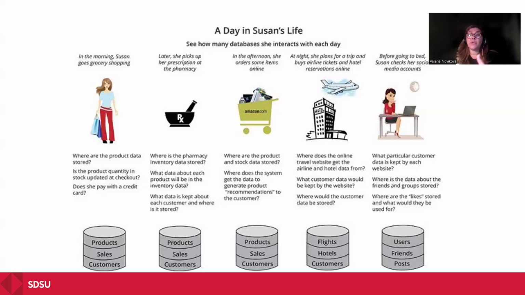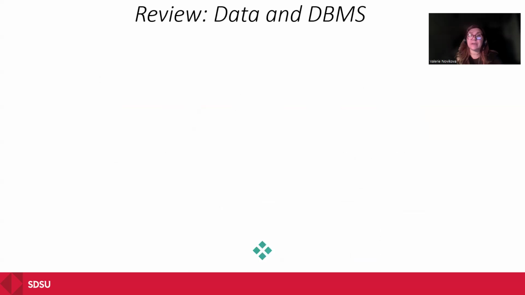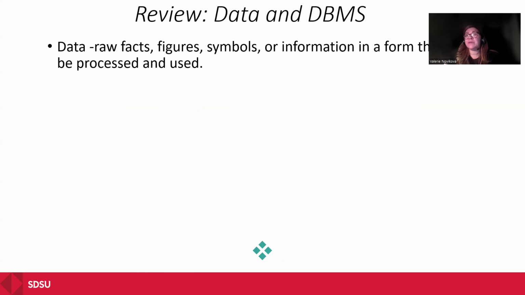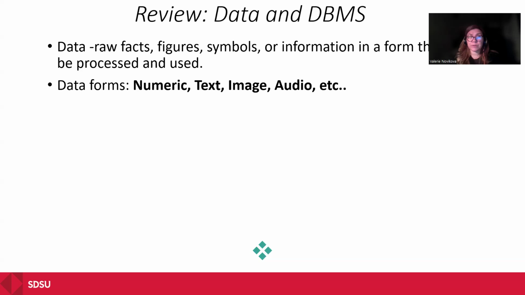So let's talk about data and what kind of data is stored in the databases. But before that, let's review what we learned during the last lecture. Data are raw facts, figures, symbols in unprocessed form. Those are raw facts that exist in the world.